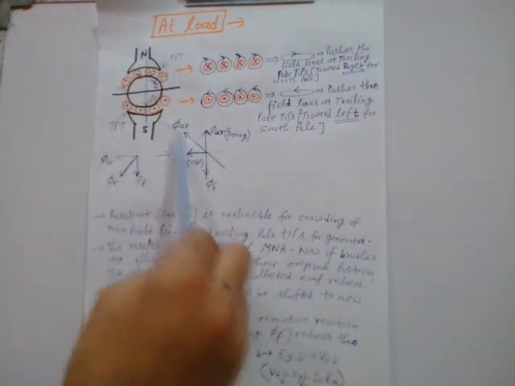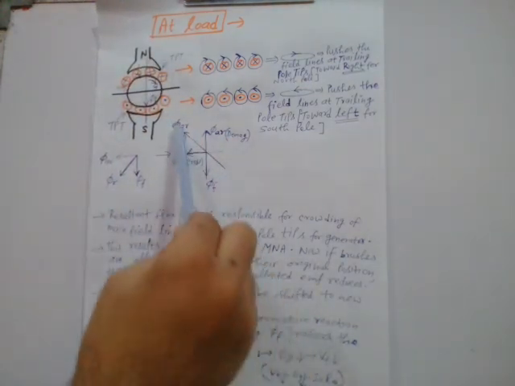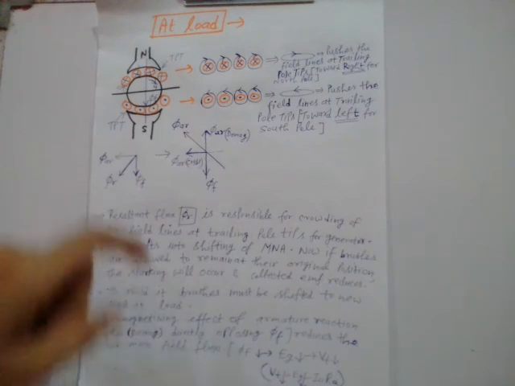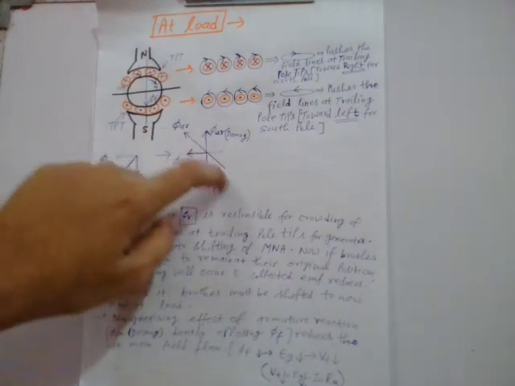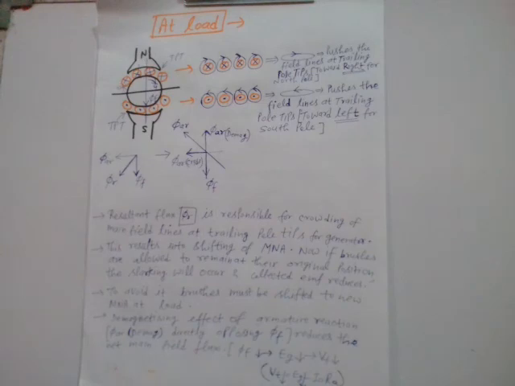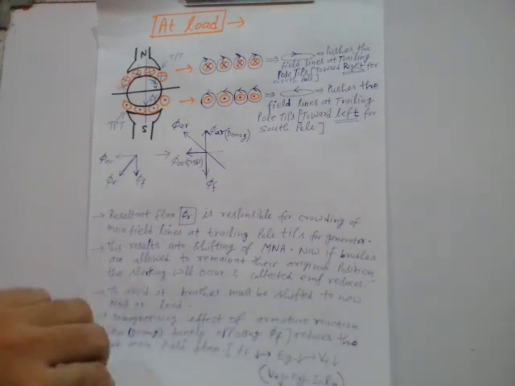So due to this, the magnetic neutral axis will shift, and if you do not place your brushes along this new magnetic neutral axis position, then definitely you will get sparking, and also the generated EMF will reduce, right? So these are the undesirable effects. So this is the armature reaction.